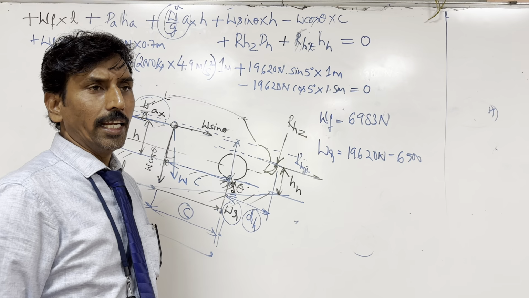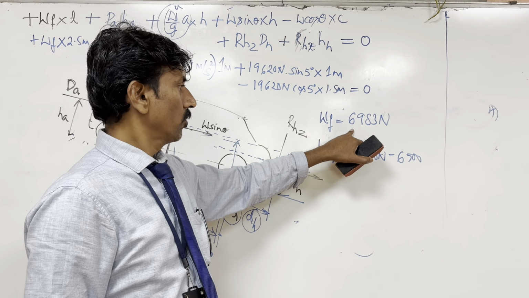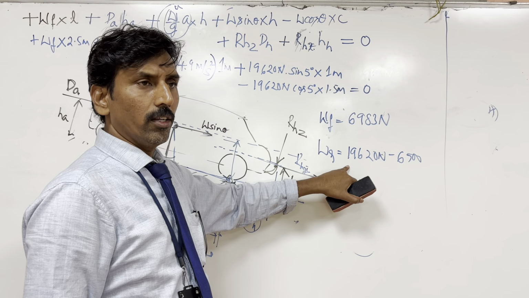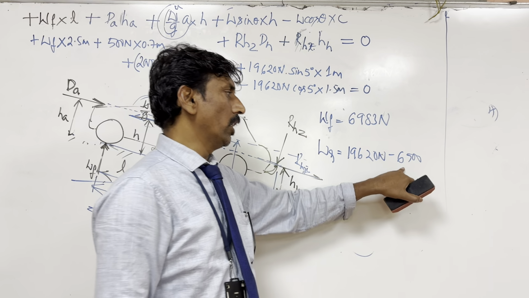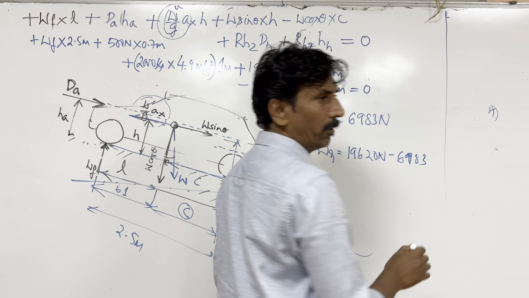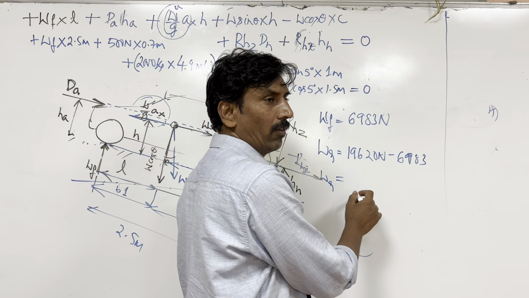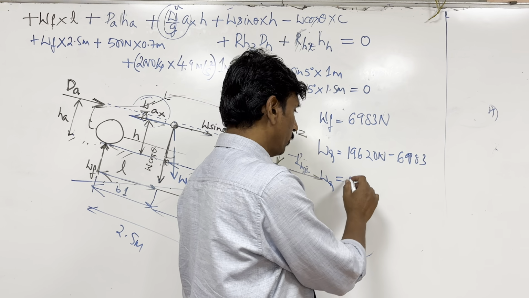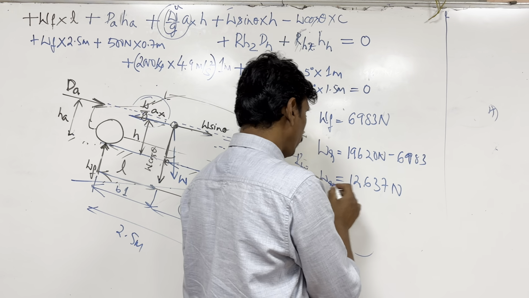It is 6,983 newtons on the front wheel. Weight on the rear wheel is the total weight minus the front wheel weight. So how much is the rear wheel weight? 12,637 newtons.